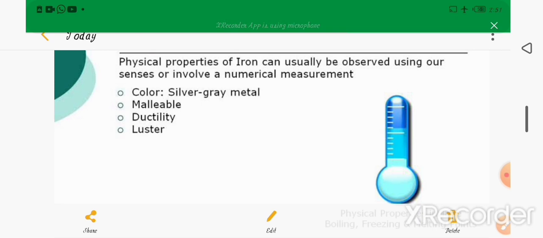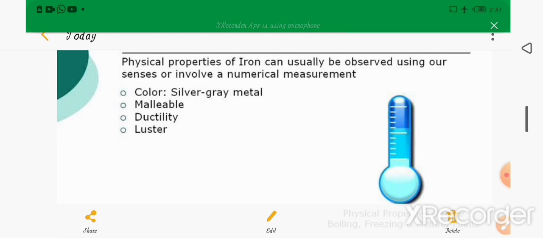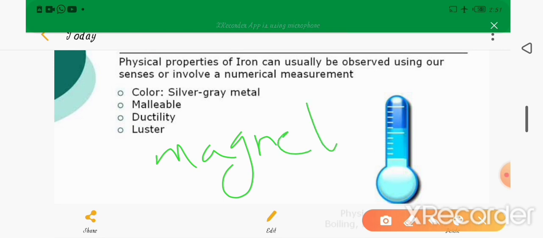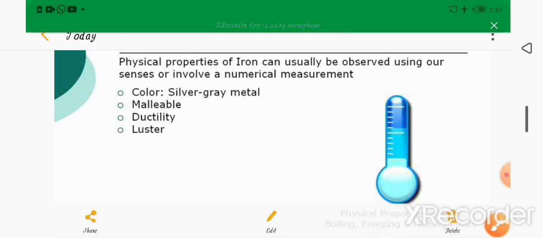Another property is that it can be magnetized. For magnetization, wrought iron will be used. We see this in the uses of iron.